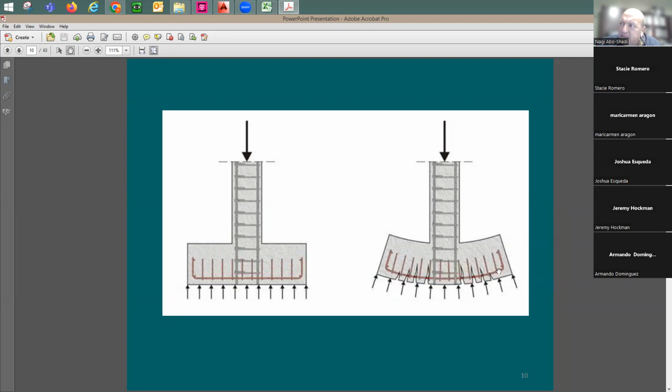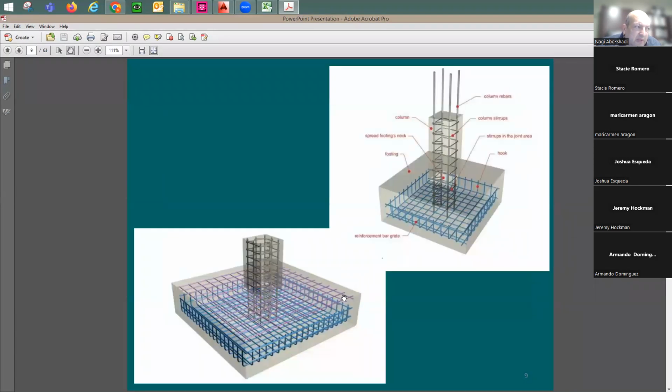So for footings like this, main reinforcing is expected to be at the bottom, not at the top. But from time to time we also put a top mesh because of the minimum reinforcement ratio needed and some other concerns.